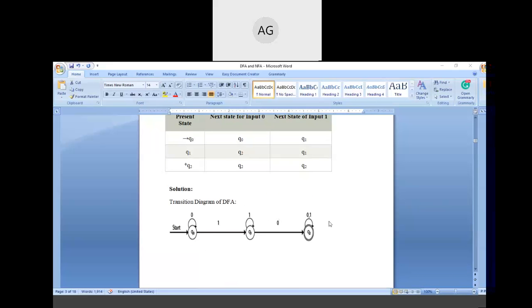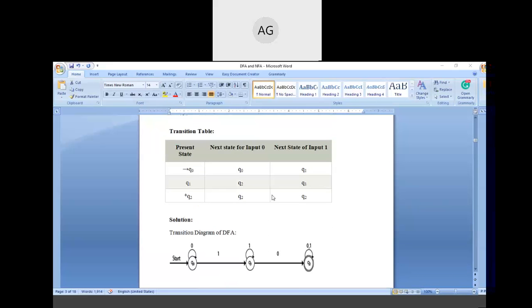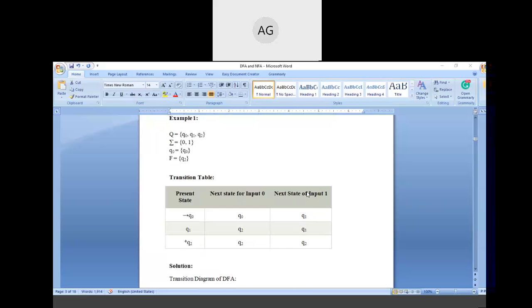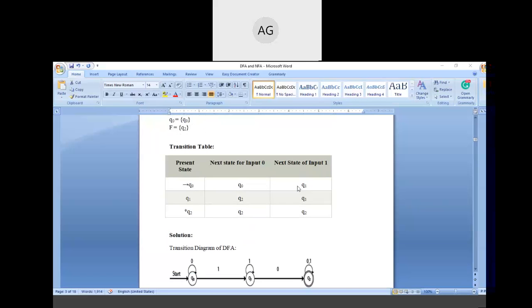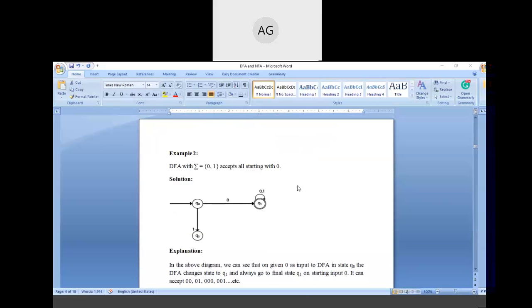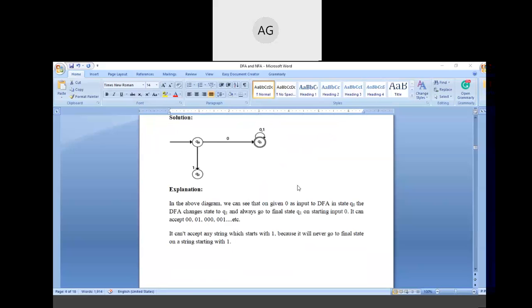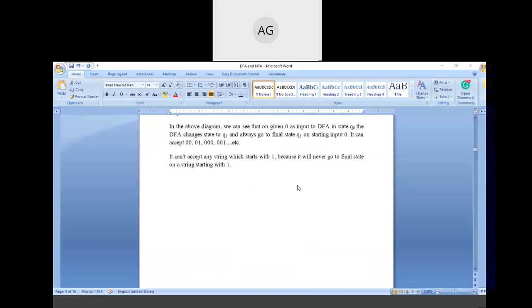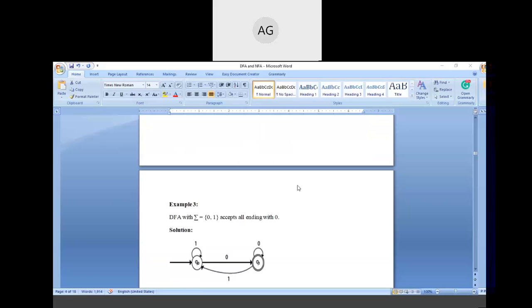And if a transition diagram is given, you need to convert it into the transition table. By doing this, you can easily solve questions related to deterministic finite automata. We already discussed these questions in the last class, and the video of the last class is available on the college YouTube channel, so you can refer to those video lectures related to the theory of computation.